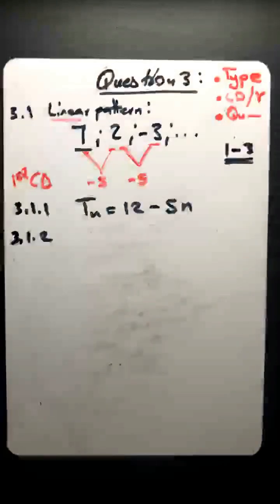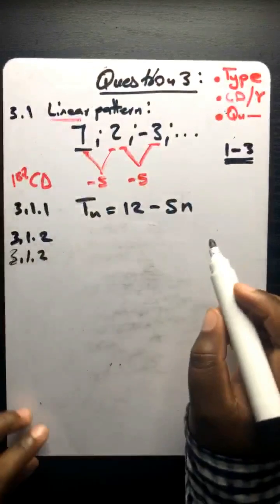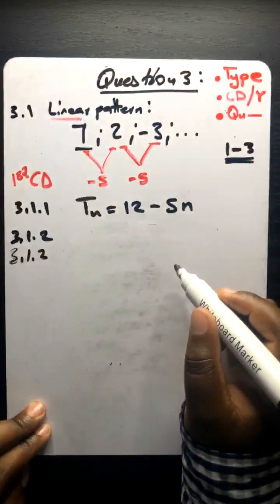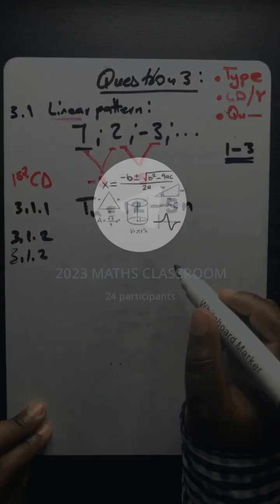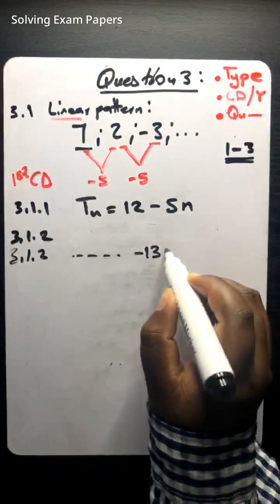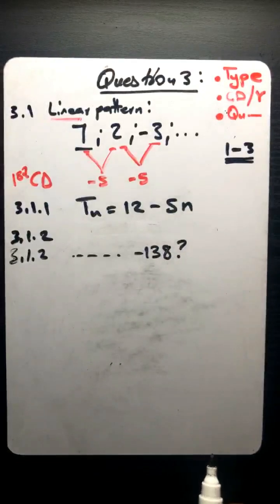So let's see. 3.1.2. What are they saying there? They say, which term in the pattern has a value of negative 138? Can maybe someone tell what exactly do they want us to calculate?